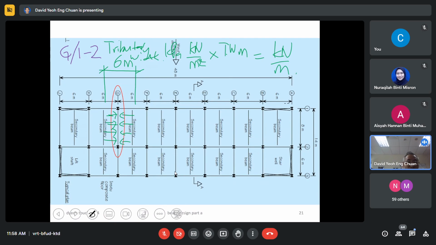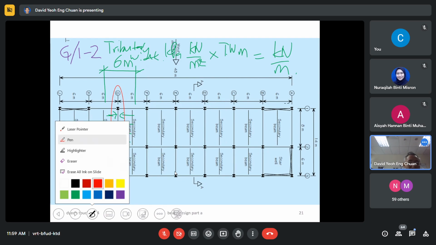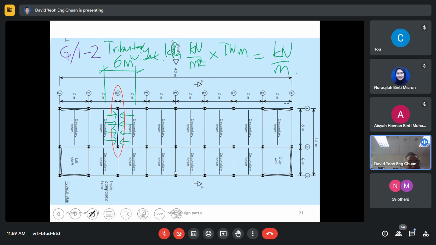That's the load if we draw this one out. If we take this beam out, that's what you're going to get. This is 8 meter. Now you understand how to do.